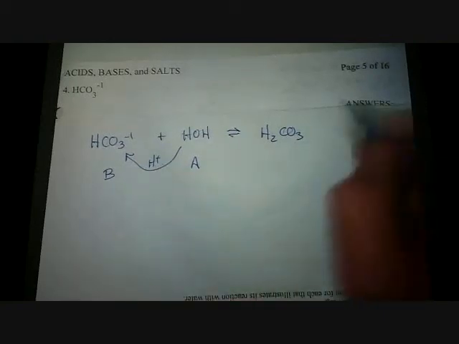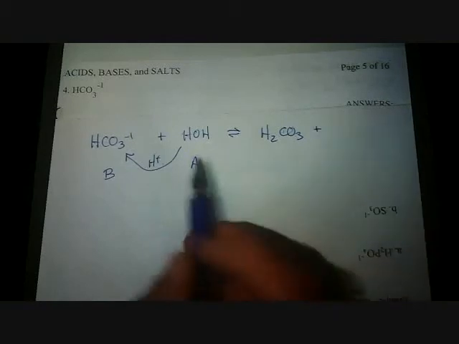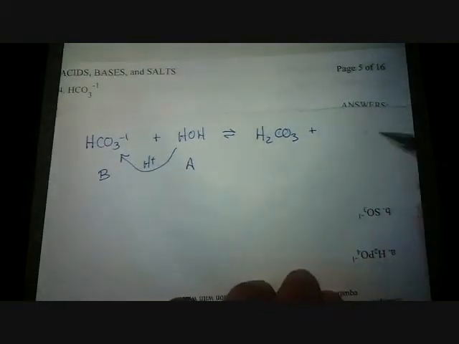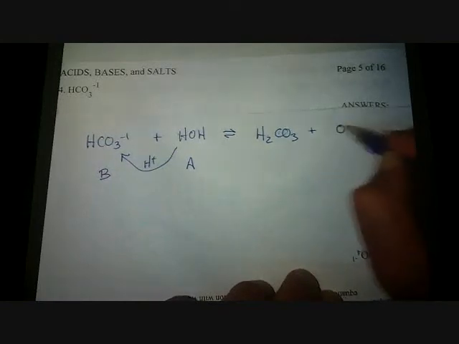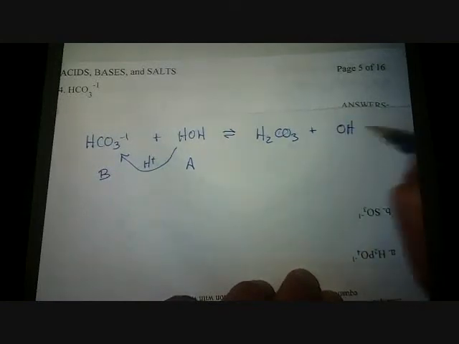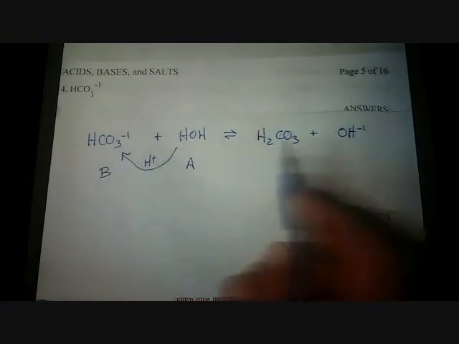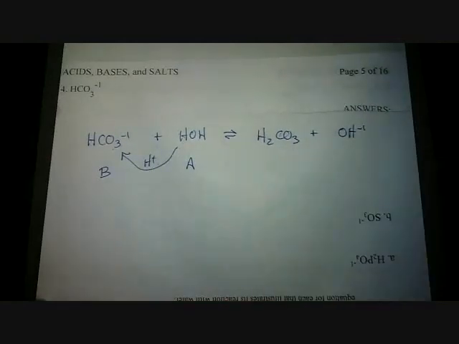Very good. Balance is written. And then if the water loses a hydrogen, what will we write on the product side? Hydroxide. And what's the charge on hydroxide? -1. So we have a -1 plus 0 equals a 0 plus a -1. So we're good. Okay. Does that make sense?